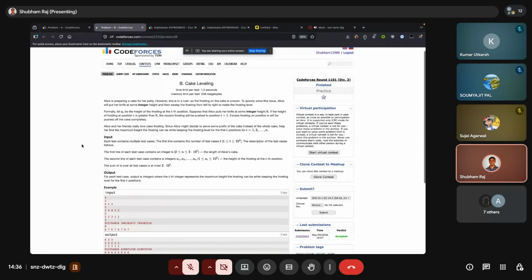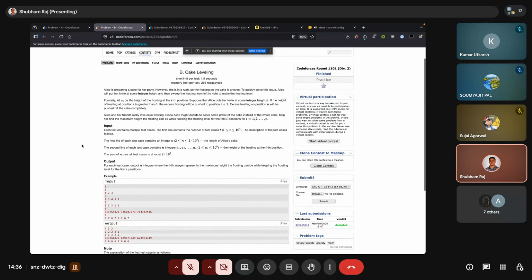Formally, let a_i be the height of the frosting at position i. Suppose Alice puts her knife at some integer height h. If the height of frosting at position i is greater than h, the excess frosting will be pushed to position i plus 1. Excess frosting at position n will be pushed off the cake completely, as it is the last index.